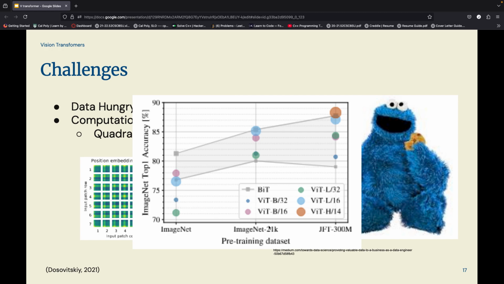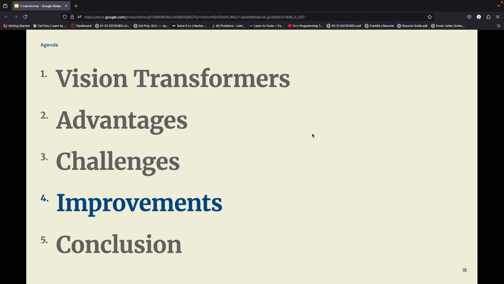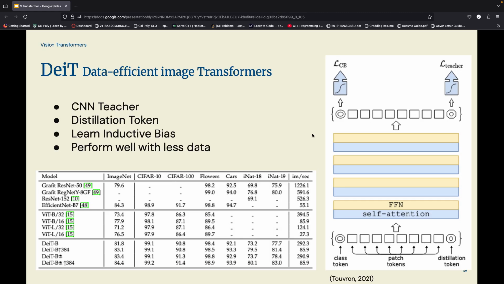But as you increase the amount of data it is given, we eventually outperform convolutional neural networks, the state-of-the-art ones. So here are some of the improvements.